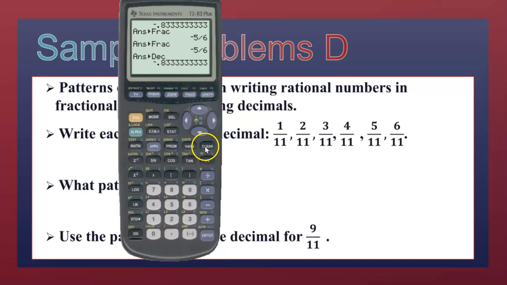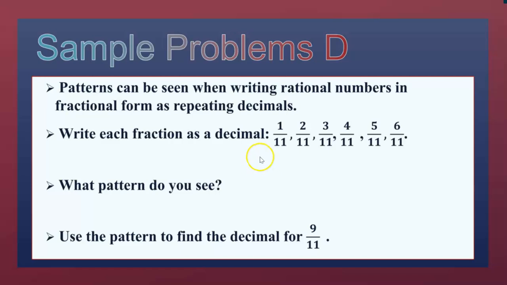So if I do 1 divided by 11, when you put it on the calculator, the fractional bar line is just the division. If I hit enter, I get 0.09, the repeating 0.09. So let me write this down. So this would be 0.09, the bar over the 09.